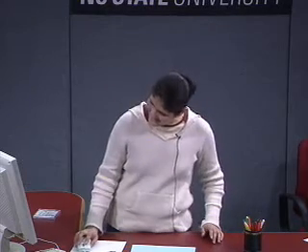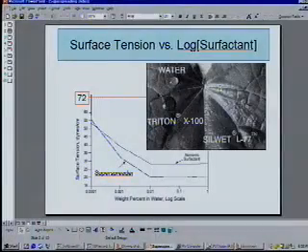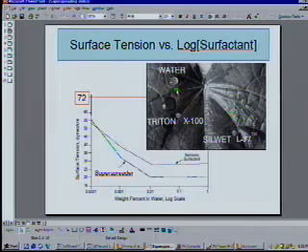This is called the synergistic effect. Brian was talking about how water can spread on the surface of the leaf, but when there is no such super spreader on it, the drop of water will remain on that surface.